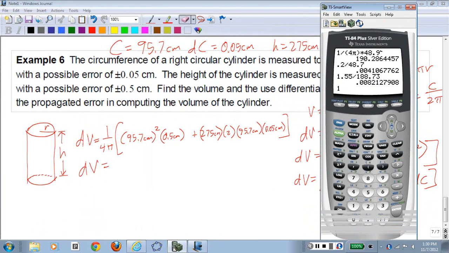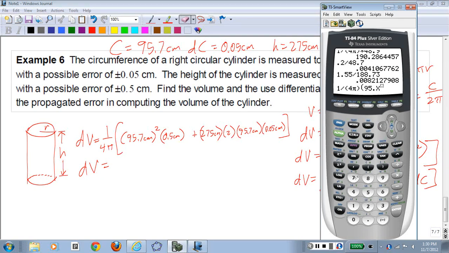1 divided by quantity 4 pi times, ooh, this looks dangerous, 95.7 squared times 0.5 plus 275 times 2 times 95.7 times 0.05.